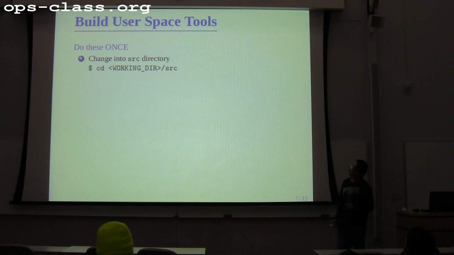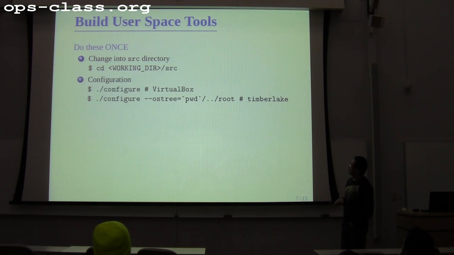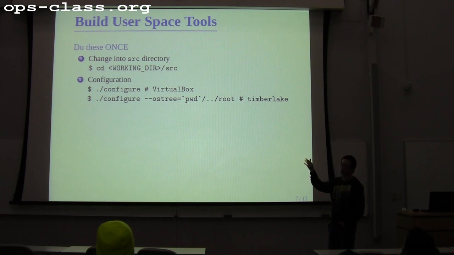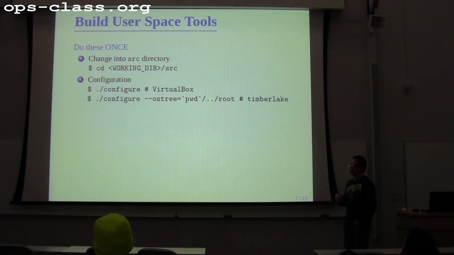Next, you might want to go ahead and build. The compilation is in two phases. The first phase, which you just need to do once, is to compile the user space tools. You first change into your working directory, SRC, and then do the configuration. In VirtualBox, because you are all using the default option, you can just do configure, and you are fine. But if you are on Timberlake, you may want to specify the output directory for all those tools.